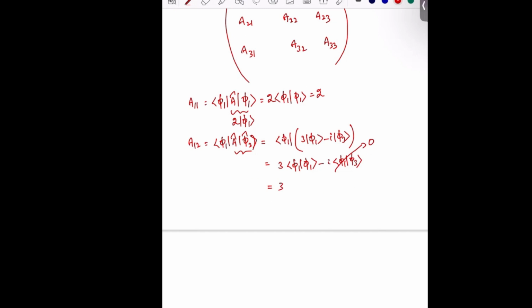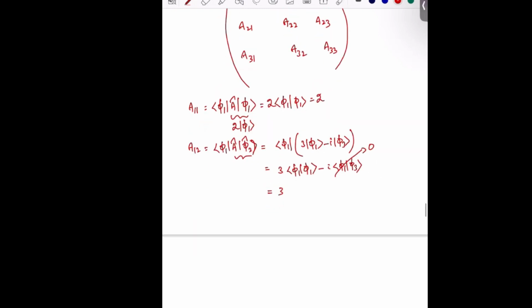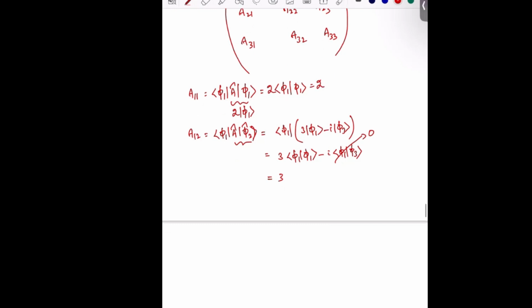I'm not calculating all the coefficients, but I think you can do it. If you do it, A13 will come out 0, A21 will be 0 also, A22 will be 0, and A31 will be 0.